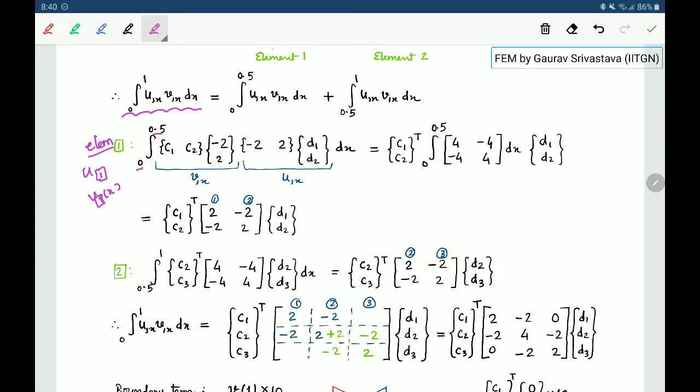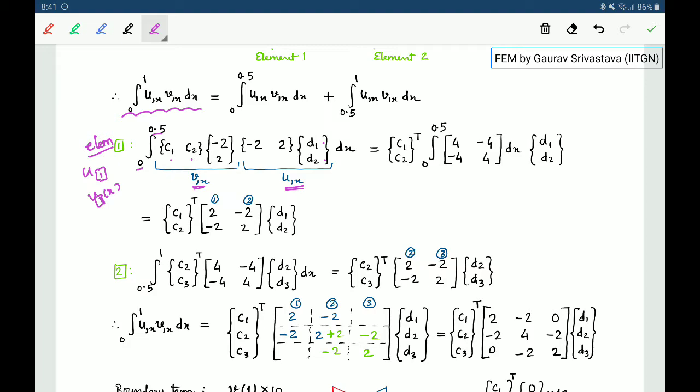So you can review earlier that we had defined u comma x was this vector minus 2 2 times d1 d2, and d1 d2 was the element displacement vector for the first element. Similarly, v comma x will be minus 2 2 times c1 c2, where c1 c2 is the element vector of arbitrary numbers for v of x.